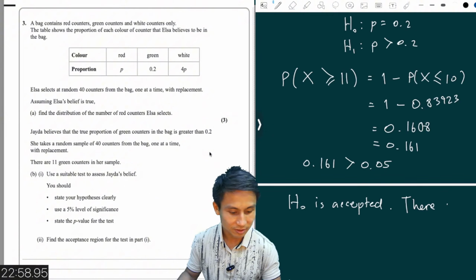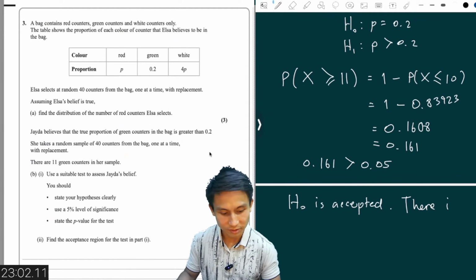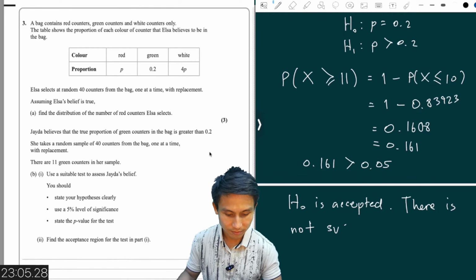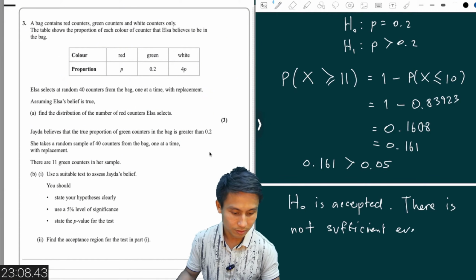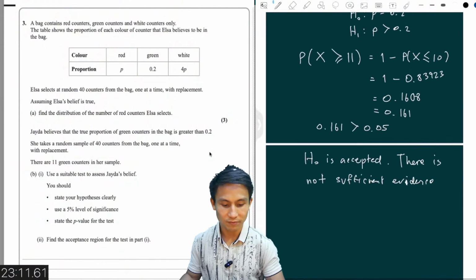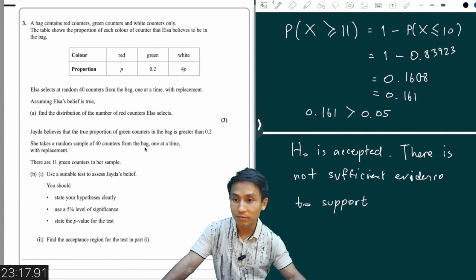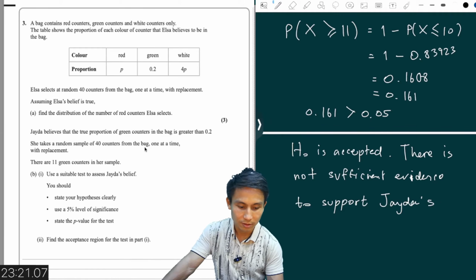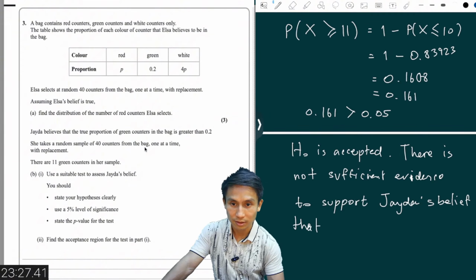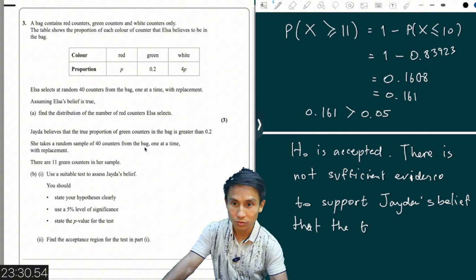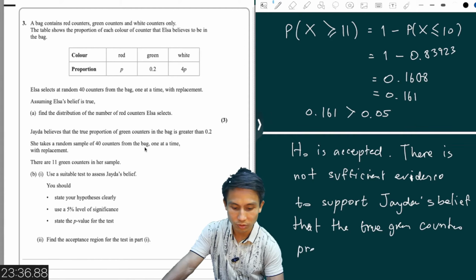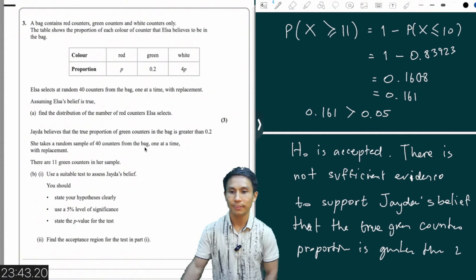So there is not sufficient evidence to support Jada's belief that the true green counter proportion is greater than 0.2.